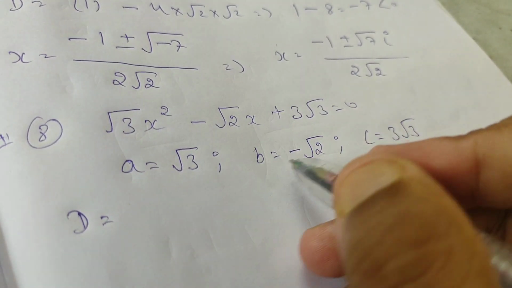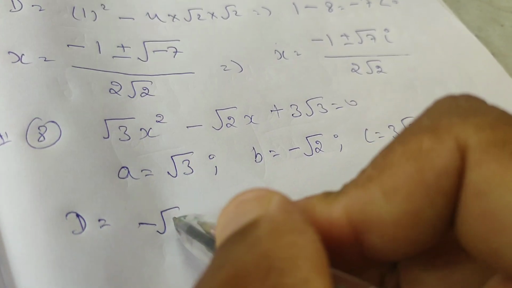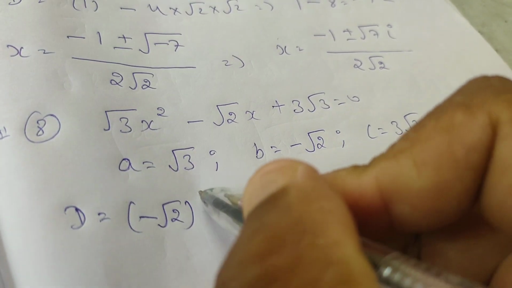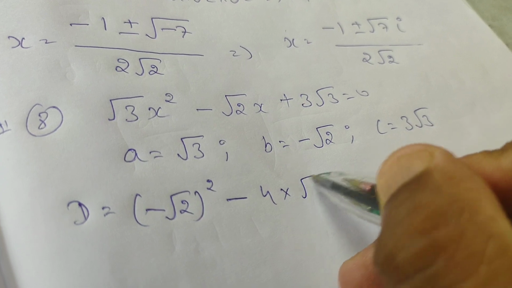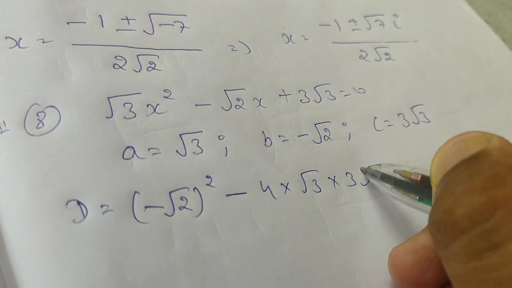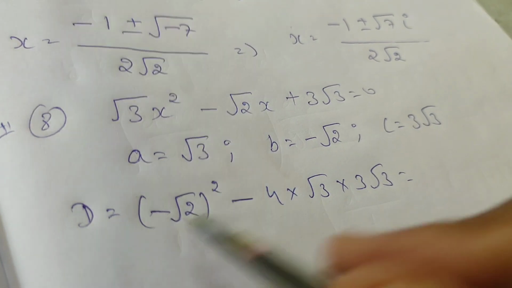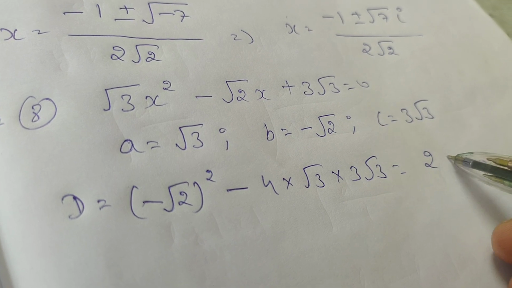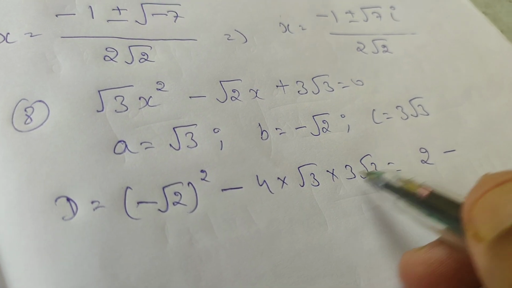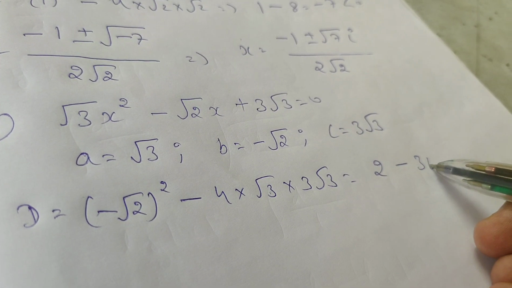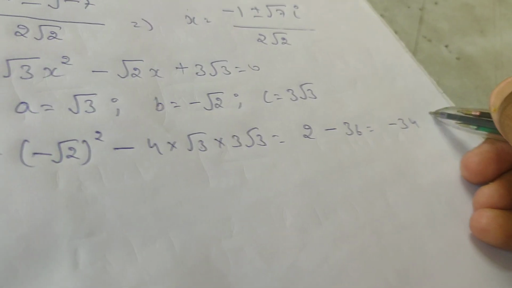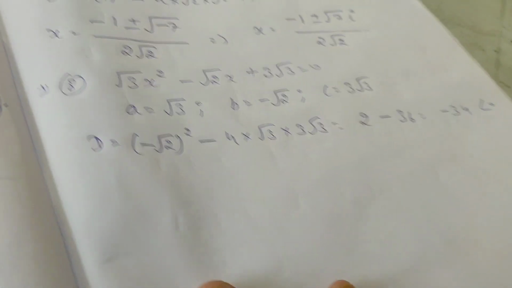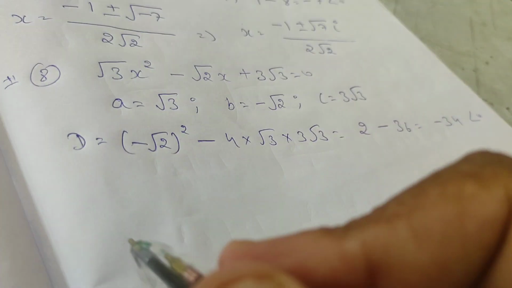Now find the value of d in the same manner. You get b squared, that is root 2 squared, minus 4ac, that is 4 multiplied by root 3 multiplied by 3 root 3, that is 2 minus 4, 3 is 12, 3 is 36, that is minus 34. Again d is less than 0, so the roots are imaginary and distinct. Now what is the value of x?